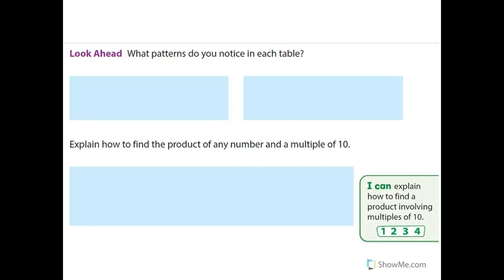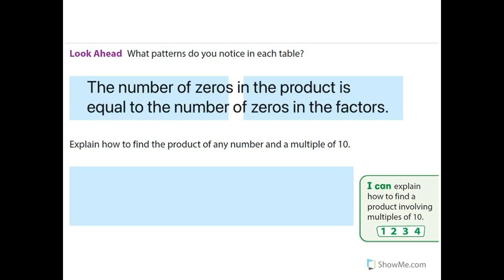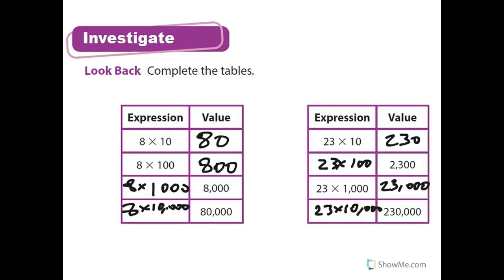All right, well, in our look ahead, it says, what patterns do you notice in each table? And here's what I'm going to say. The number of zeros in the product is equal to the number of zeros in the factors. So if we look back here, 1 zero here, 1 zero here, 2 zeros here, 2 zeros here, 3 zeros here, 3 zeros here, 4 zeros here, 4 zeros here.